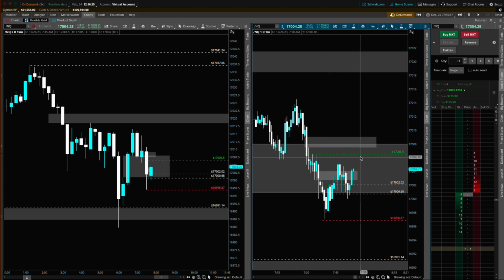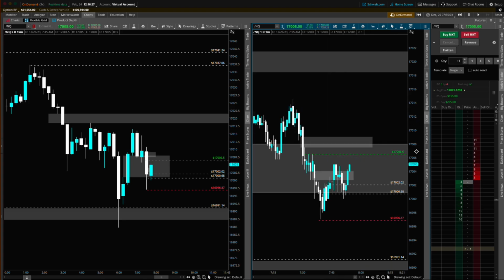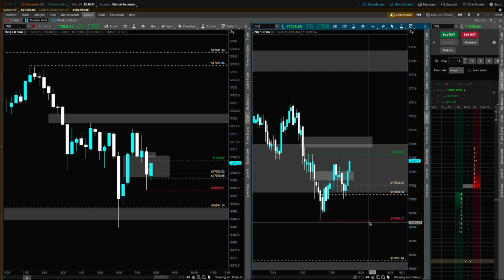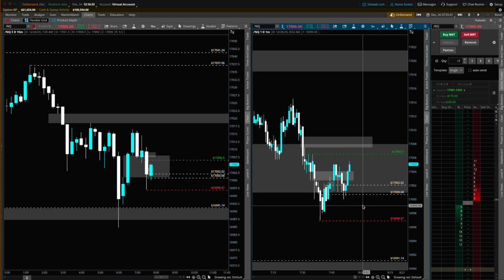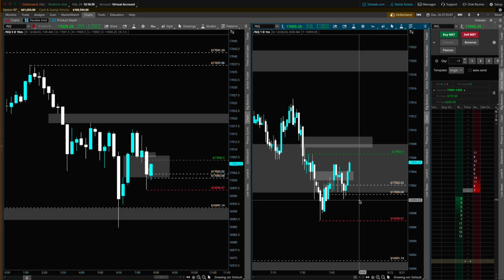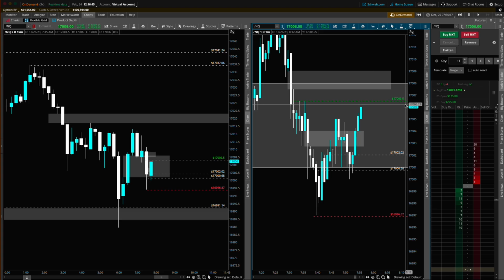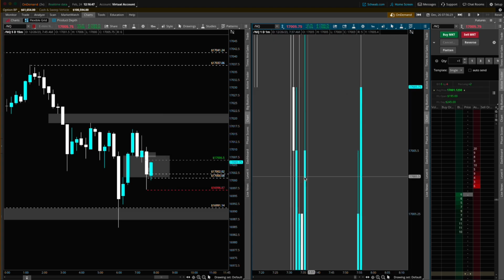There's one right there. So again, I got one in here at this order block retest, and then I got another one at this order block retest. I'm gonna take that off if it touches this.